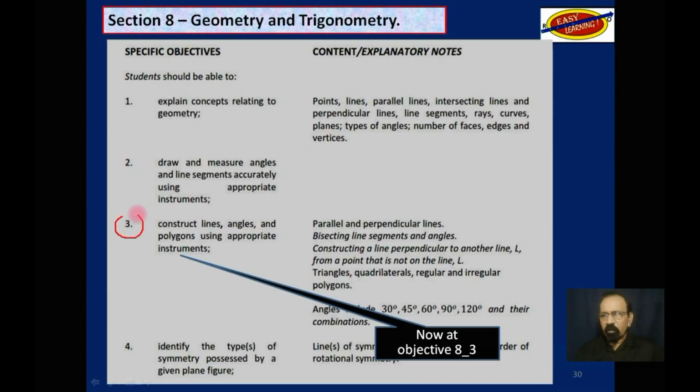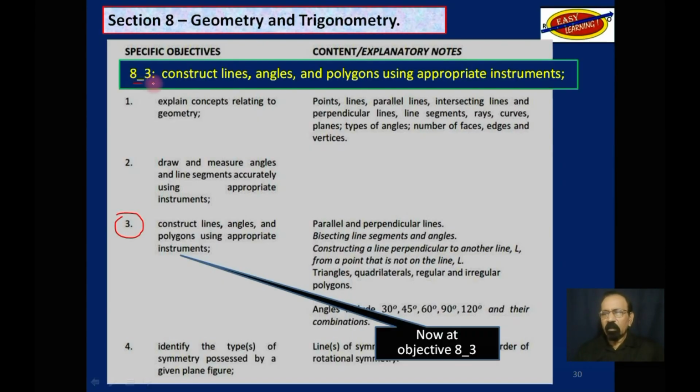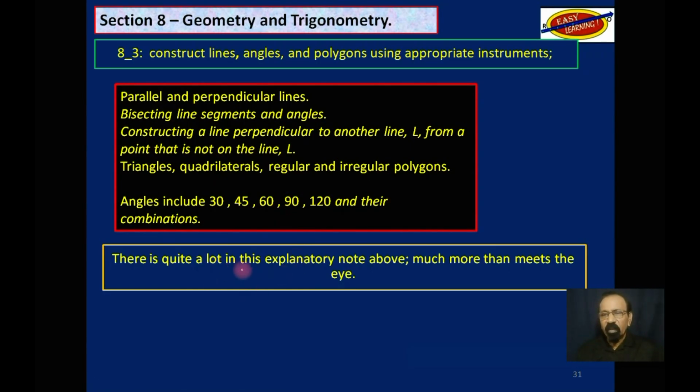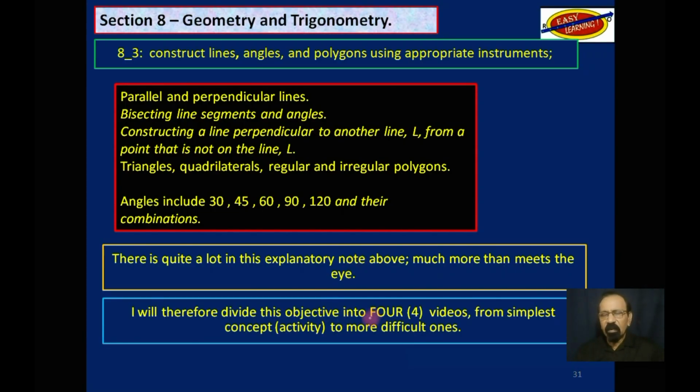So as I said, we are here. 8.3: Construct lines, angles, polygons using appropriate instruments, and we have some explanatory notes. As you already know, this is quite a lot to handle in one video. So I have divided this objective into 4 videos.